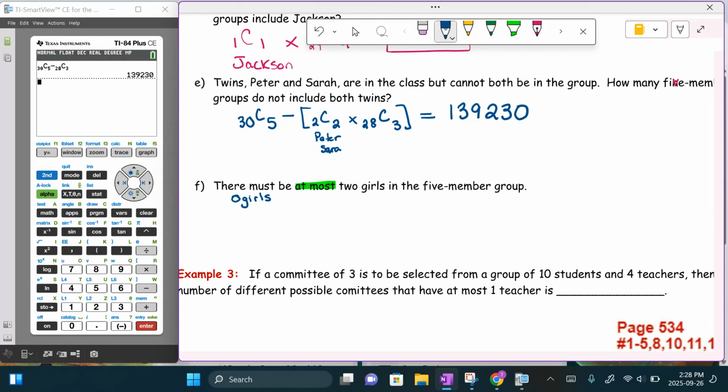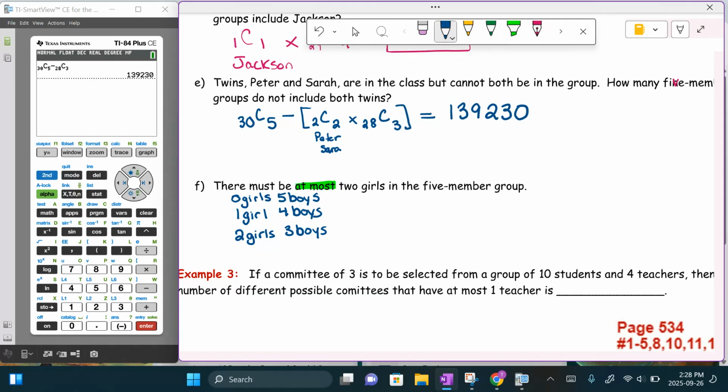And if there's 0 girls, that means there's 5 boys. That's one case. 1 girl and 4 boys. And lastly, 2 girls and 3 boys. So there's no way around this one. You have to do 3 cases.